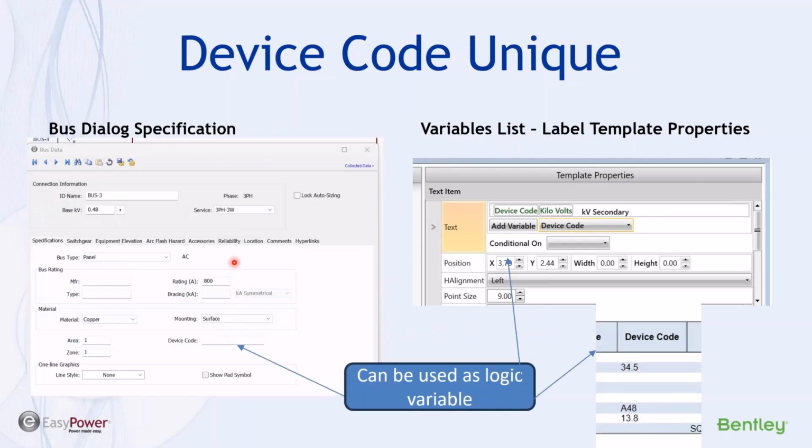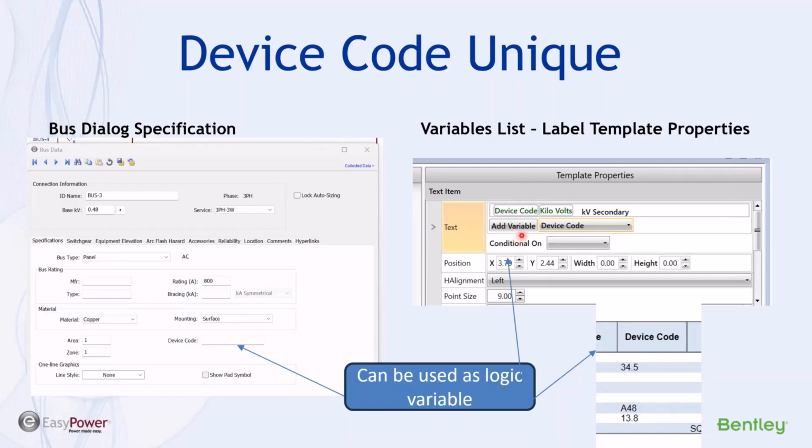A couple words about the device code. The device code as an element in the database is unique in that it has a space or an entry point on the specification tab for each bus. It's not mandatory data and it's not automatically filled in. It can be used in the variable list for template properties.